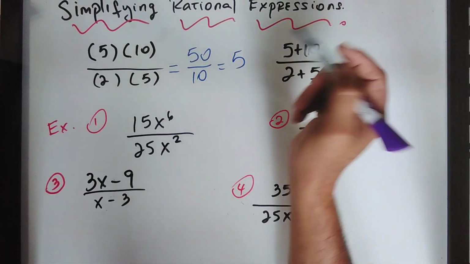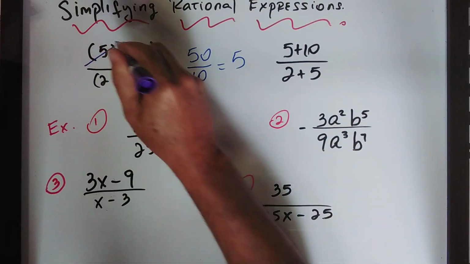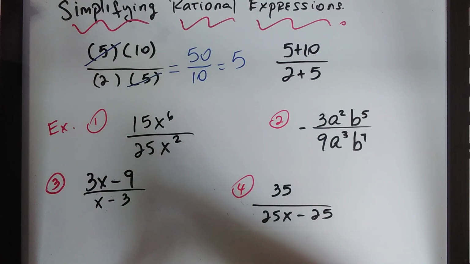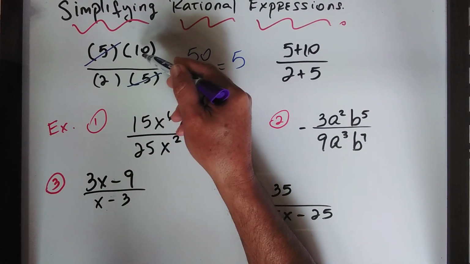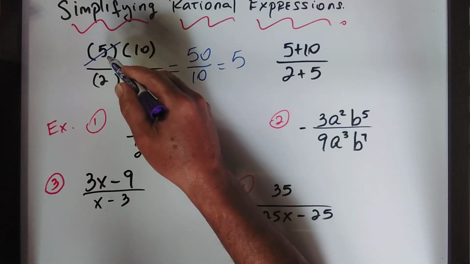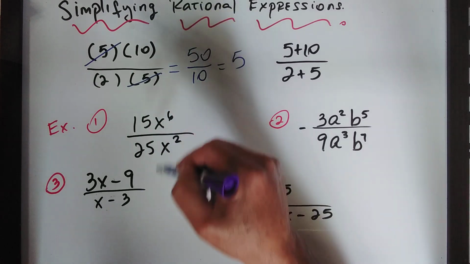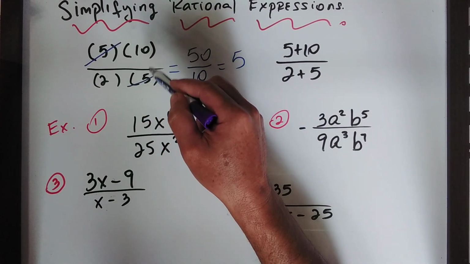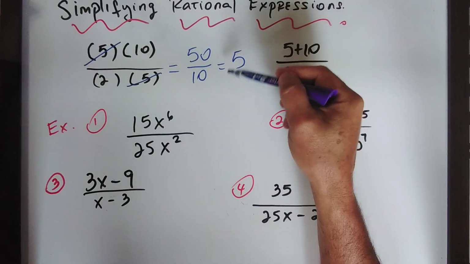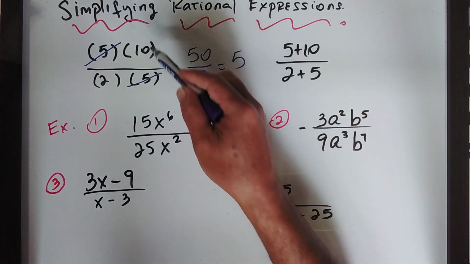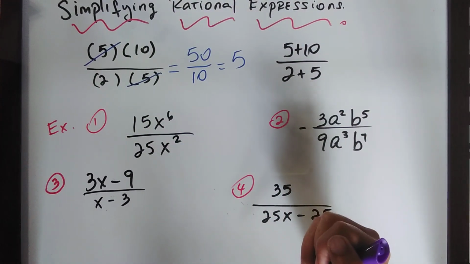You could also simplify by eliminating that factor right there, and at the end you end up with 10 divided by 2, which also gives you 5. So you're allowed to cancel the same factor top and bottom, and you see that you come up with the same answer. 50 divided by 10 is 5, 10 divided by 2 is also 5.